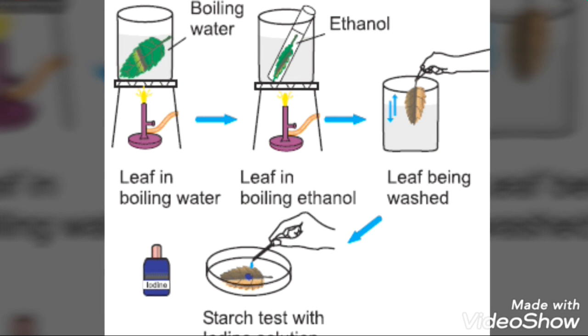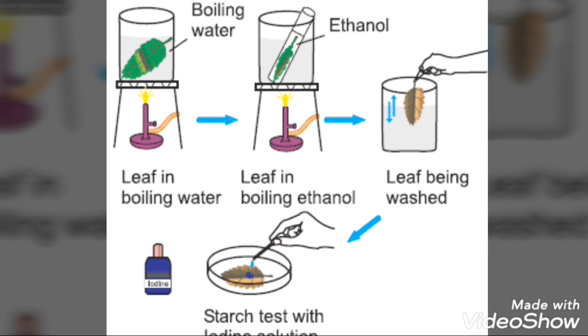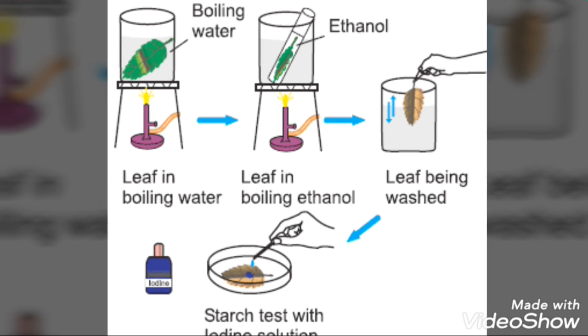If the leaf contains starch, then it will develop a blue-black color. So a green leaf thus removed from the plant will have the positive test, that is, it will produce blue-black color, indicating that the result of photosynthesis is the production of starch.